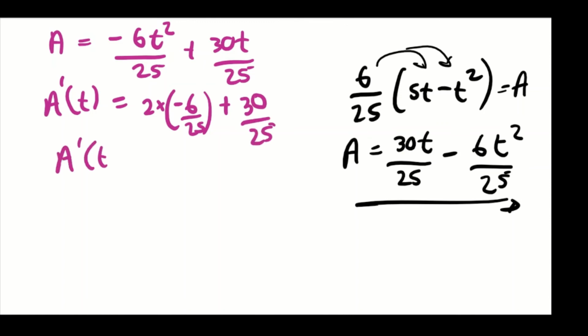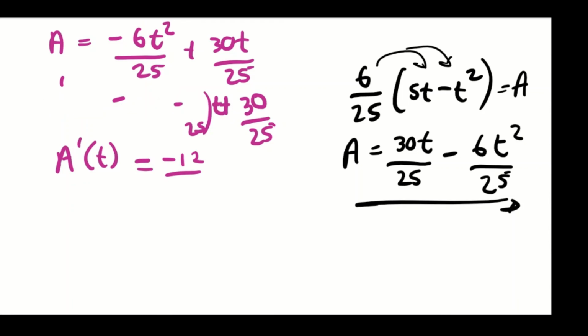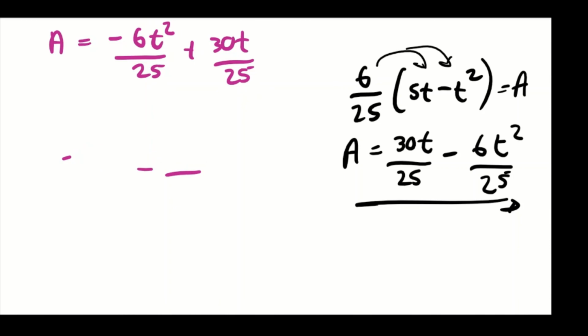A prime of t is equal to, from here we just multiply 2 times this, which is going to be minus 12 all over, not forgetting that this is t squared, which means there's t. Let me just rewrite this derivative.